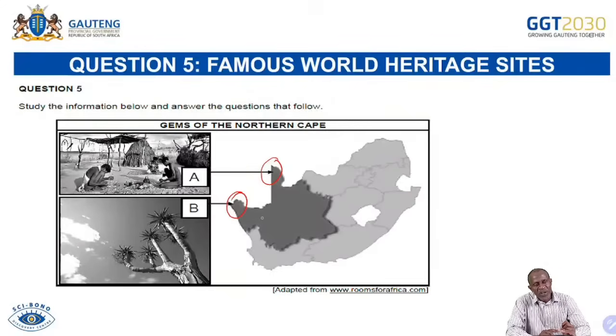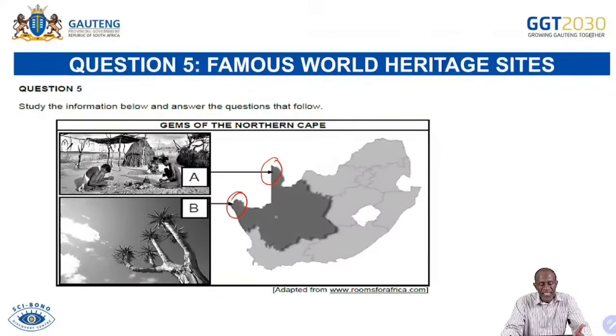So it is one of the pointers that you should be able to allocate, to know in which province a particular World Heritage Site is found. So both A and B are located in the Northern Cape, as you can see from the map, and it's just to name them.